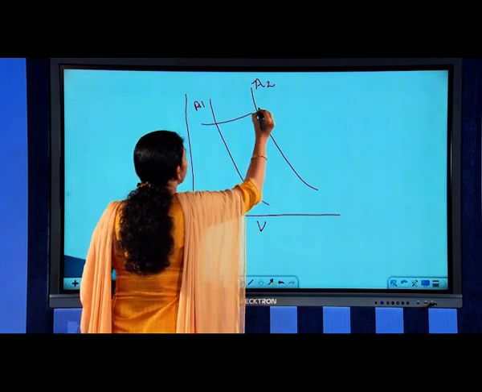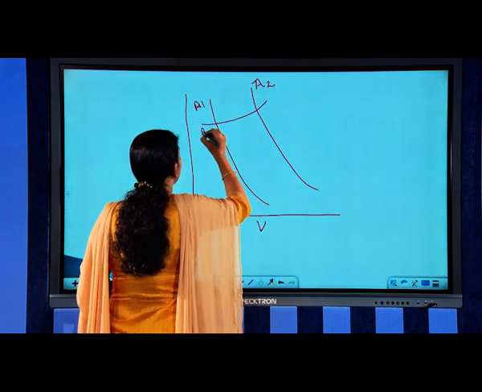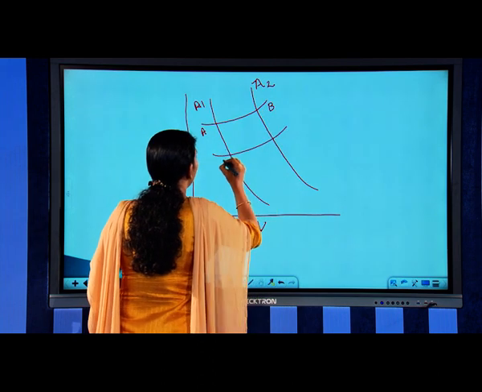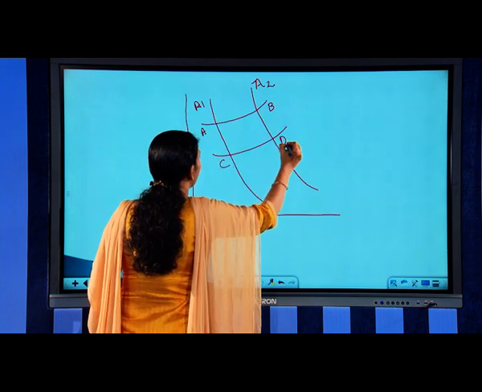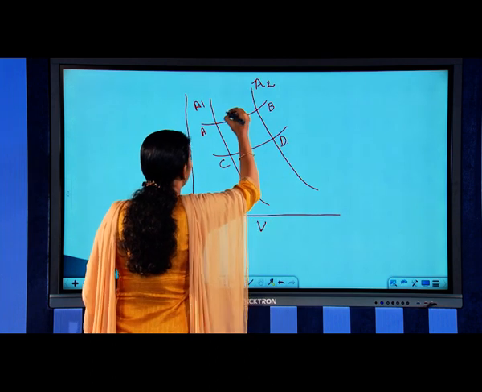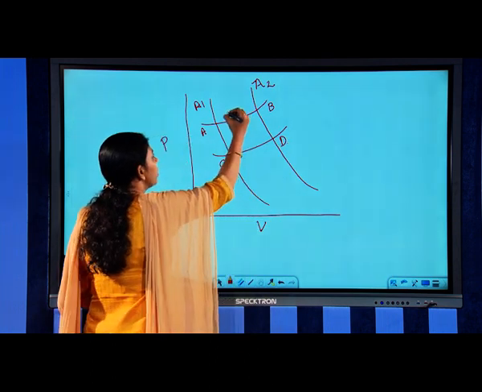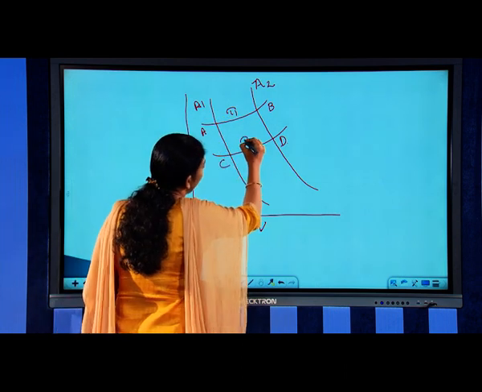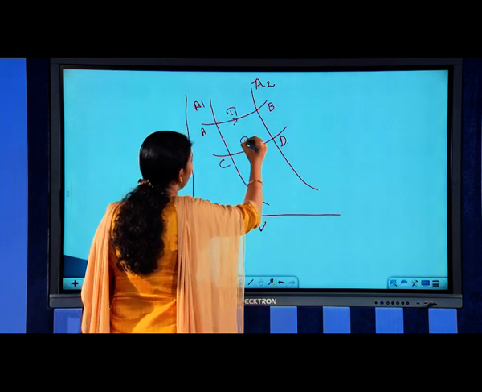Draw two isothermals AB, CD. AB is an isothermal at temperature T1, CD is the isothermal at temperature T2.